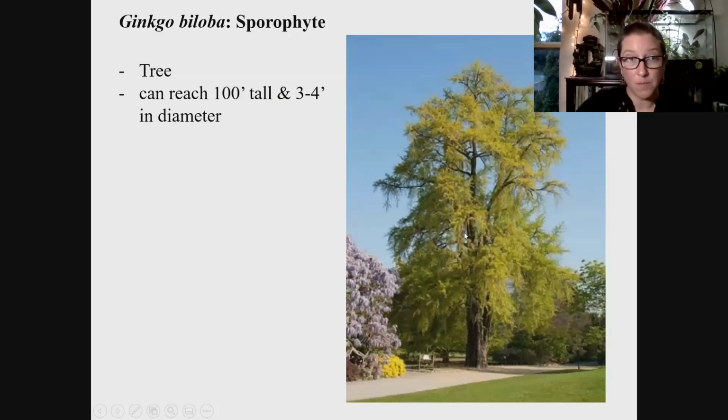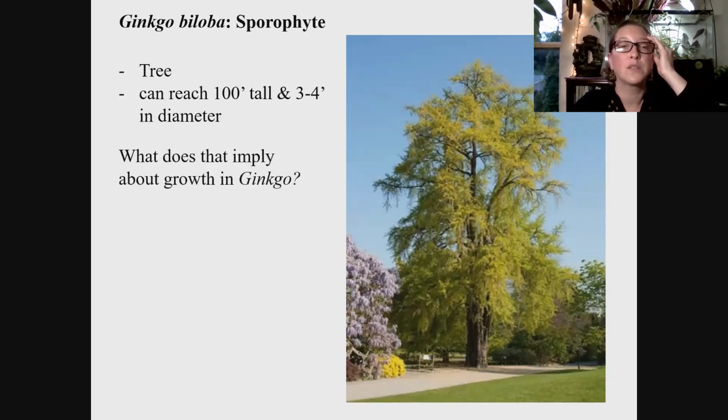They can get real tall and they can get real wide. So up to 100 feet tall and up to about 4 feet wide. And because you've already learned about stems, you're thinking, oh, it's a tree and it gets so tall and wide, what does that mean about the growth of ginkgo?